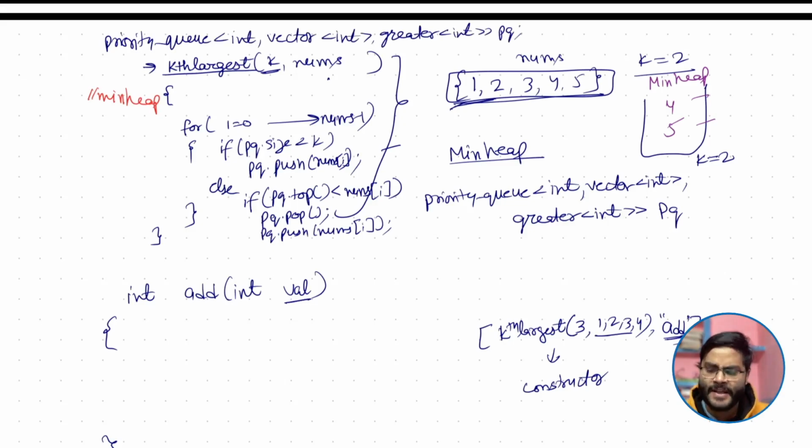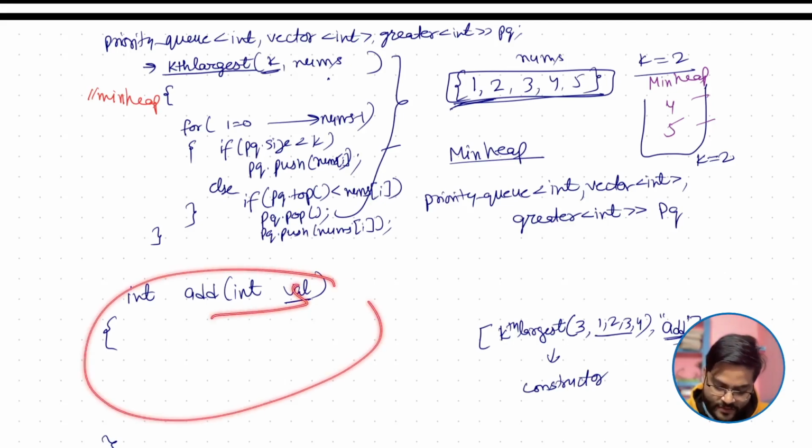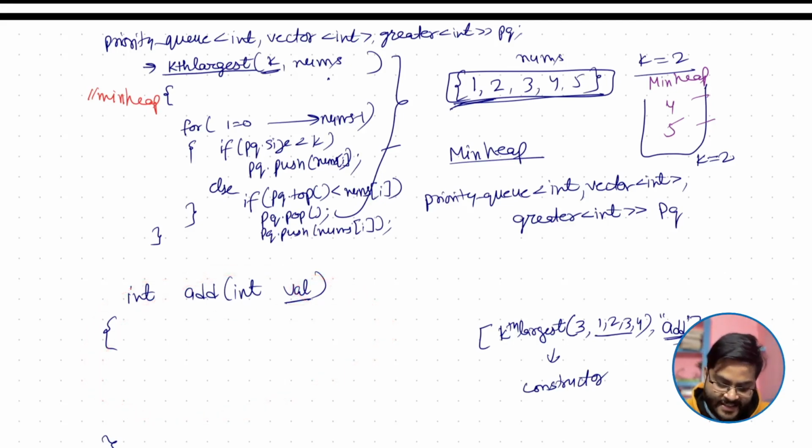I have taken the min heap of size k, but k is also not accessible to this function, though k is accessible to the kth largest function. So I can take a variable and store k in that variable. Let's say k only, I am taking the same name.